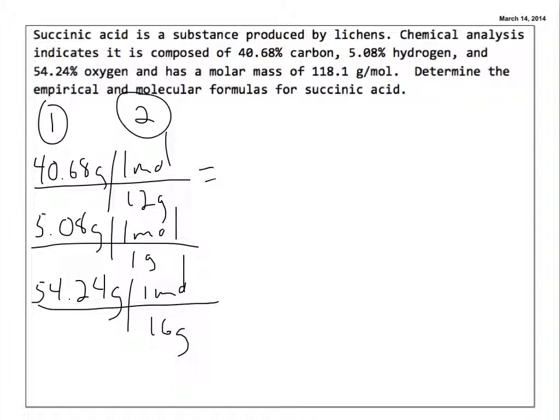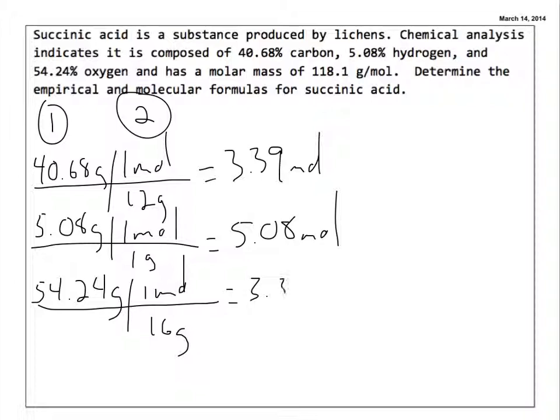So that's step 2, divide them each by their molar mass. And we get 3.39 for carbon. We get 5.08 for hydrogen. And we actually get 3.39 again down here for oxygen.